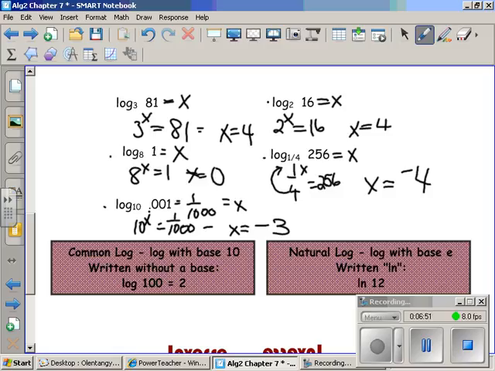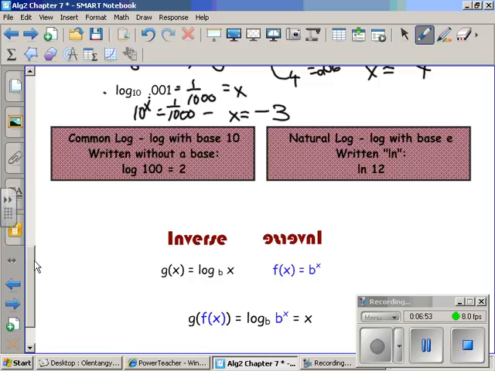Okay? Now, we're going to talk a lot more about this later, but I just want you to know that these two kinds of logs exist. Common logs are logs with base 10, okay? We don't write the 10, it would go right here, but we don't write it, we just know that it's there, just like an exponent of 1.